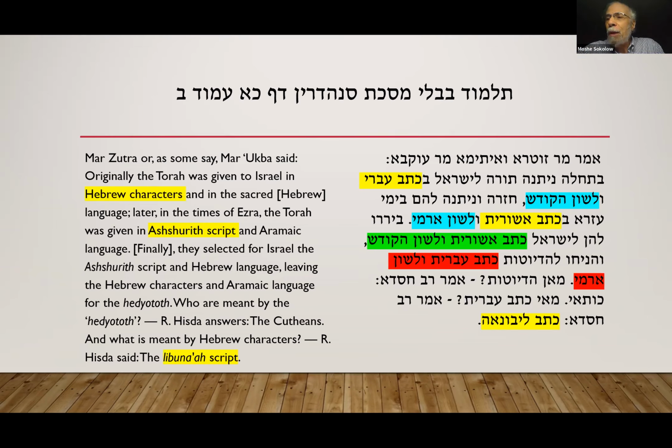But the Talmud wants to be more specific. So it asks, man hedyotot, which ordinary or common people are we referring to? Rab Chisda says, Kuta'e, the Kuthians. Kuthians is a Talmudic way to designate the Samaritans. Okay.